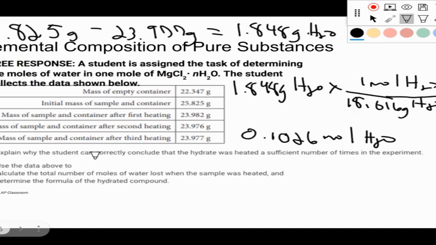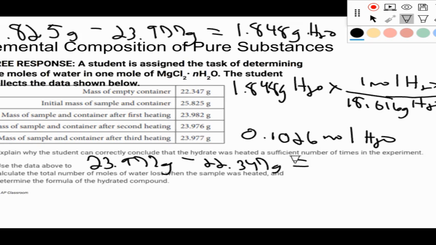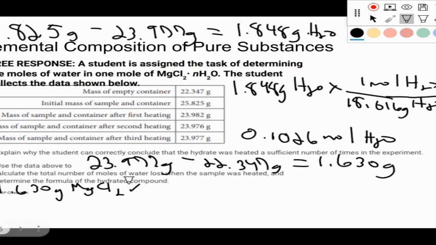So I'm going to do 23.977 grams minus 22.347 grams. And that is going to give me 1.630 grams. And then I do the same thing I did here. I'm just going to convert it over. This is MgCl2, it tells me up here. I'm going to find the mass of that.